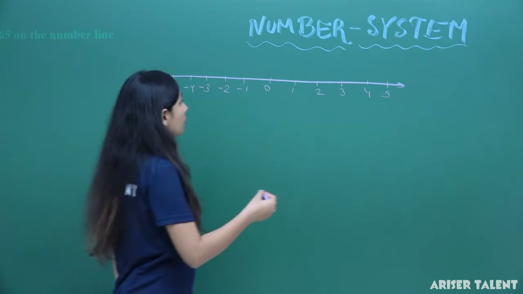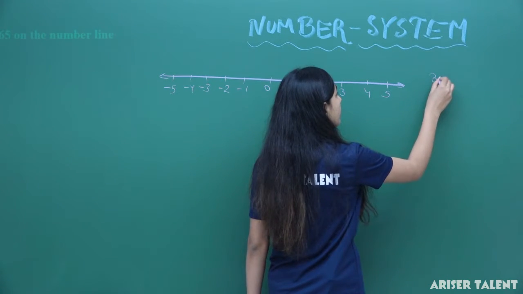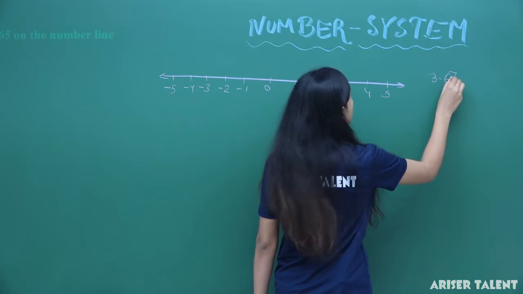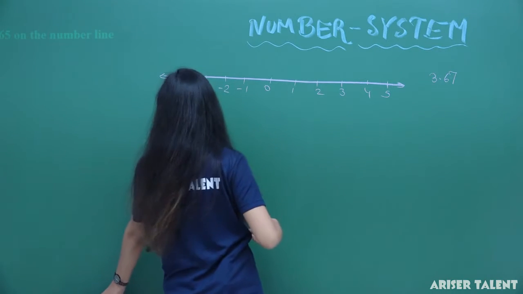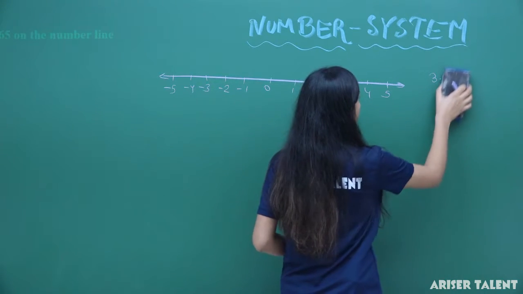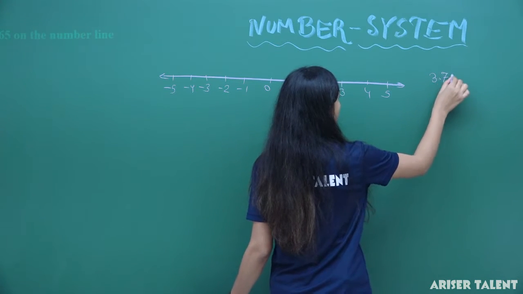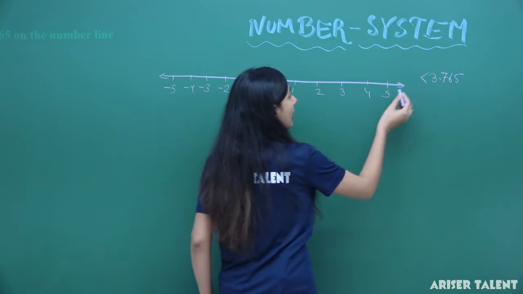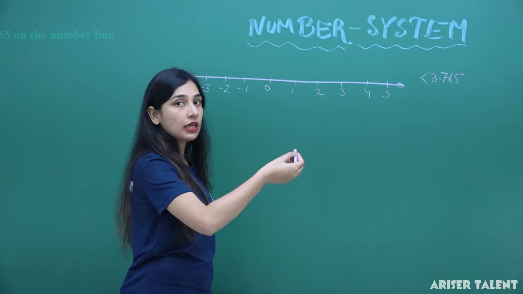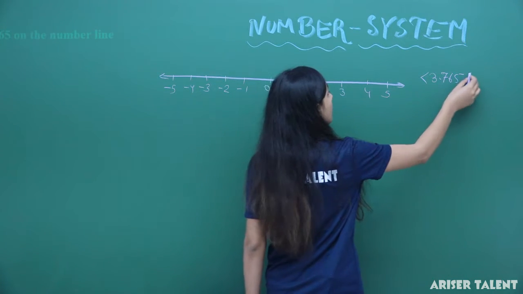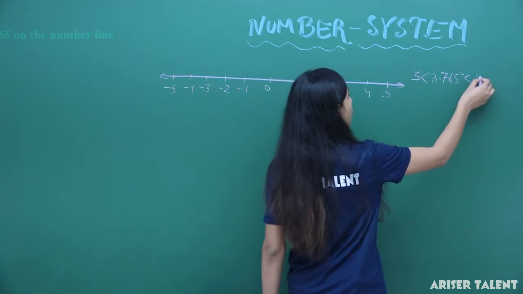Now I have told you this is the number 3, then 7, then 6 and then 5. So 7, 6, 5 basically. This number will lie on this scale. On this scale the number will lie between 3 and 4.